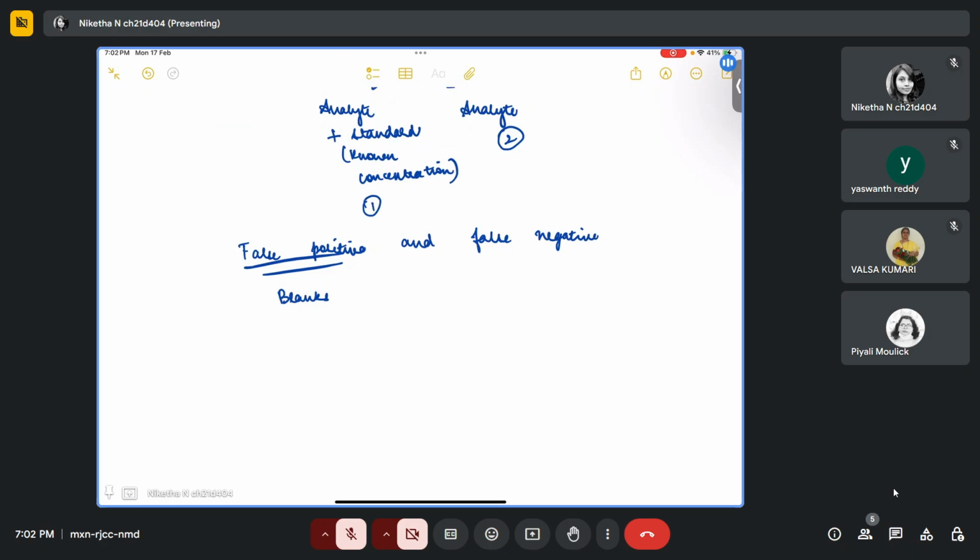If we run that blank and the blank shows a signal, which indicates the presence of that chemical, it means that there is some accumulation in the instrument. How much is getting accumulated can also be determined. After we run the blank, we must subtract it from our analysis result. So if there is any signal, the signal which corresponds to that chemical needs to be subtracted.